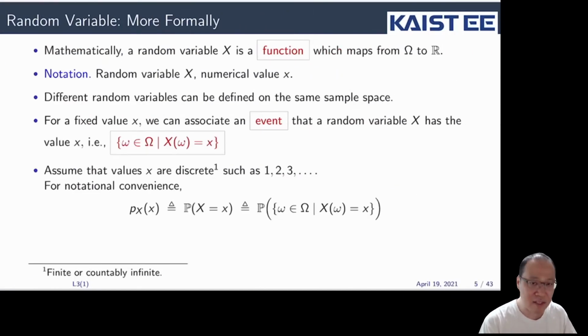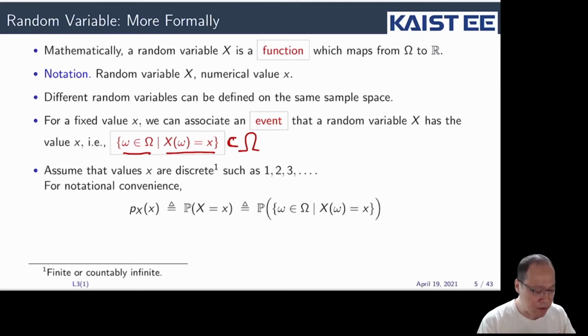And mathematically, we can express this event as the set of all omegas, random outcomes, such that X of that outcome equals x. Obviously this is a subset of the sample space, so the event is a subset of the sample space. So we should be able to associate the event and the fact that the random variable X has the value x.